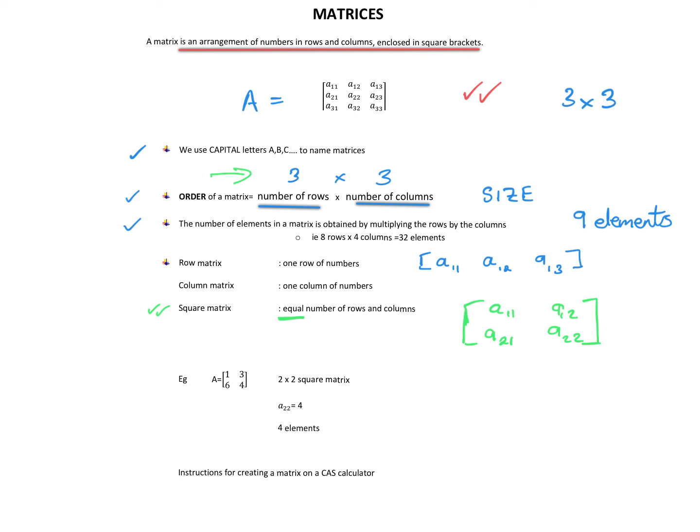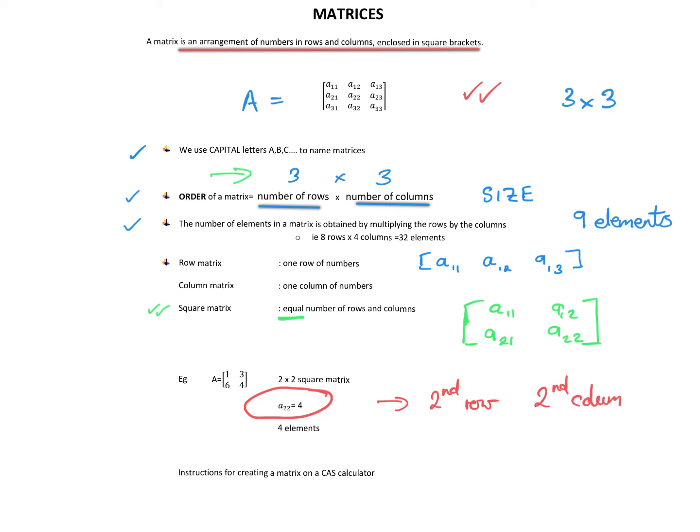Now, each time we've been alluding to the fact that each element can be named differently. For example, in this one here, we're talking about A22. Now remember, it's always rows first, columns second. So A22 would be the element in the second row and the second column.